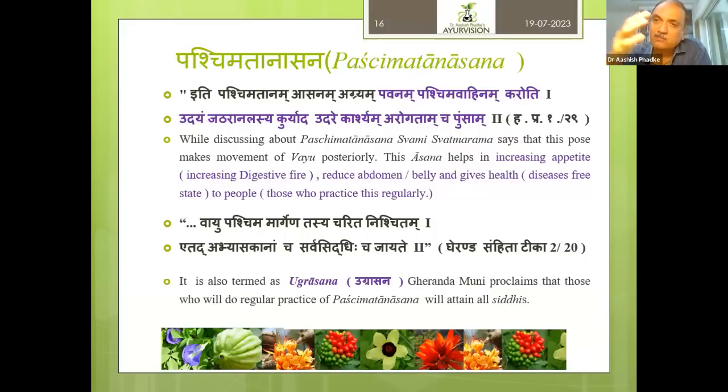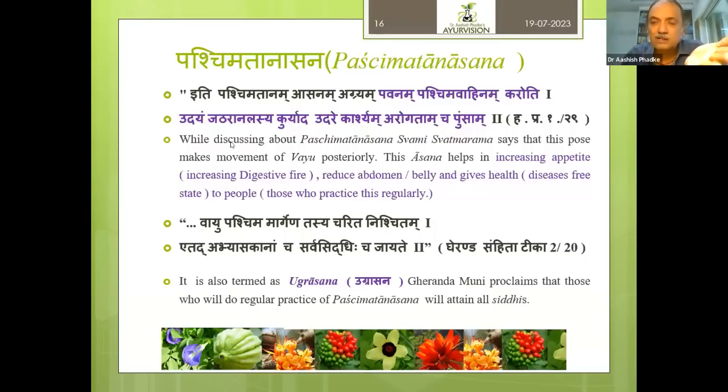All these 7 tissues have their own specific Agni, so we call it Rasagni, Raktagni, Mamsagni, like that. So 7 plus 5, 12. And the 13th one, the king of all these Agnis, is Jataragni. That Jataragni gets ignited and gives its portion to all the other 12 types of Agnis to function your body normally. So this Paschimottanasana will help you to have better Jataragni.